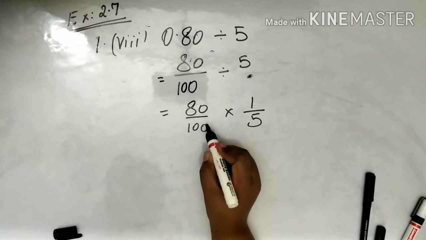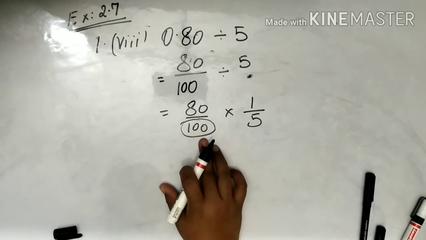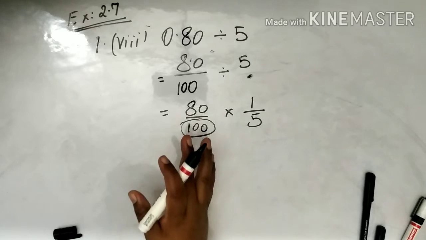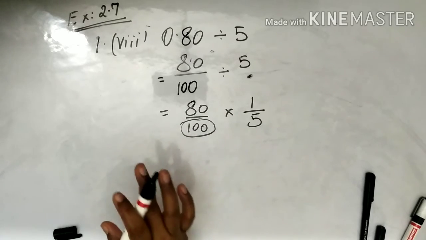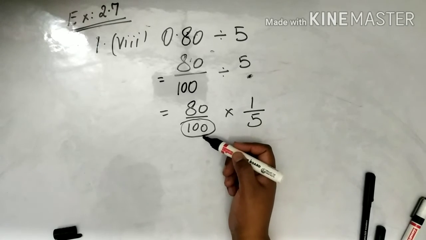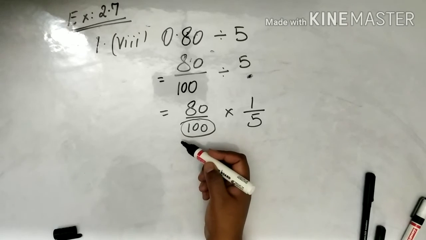You have to try to save this 100 or the 10 in the denominator, so that you can directly convert the answer into decimals, because a denominator of 100 or 10, or any multiple of 10, will be required to change the answer into a decimal format.